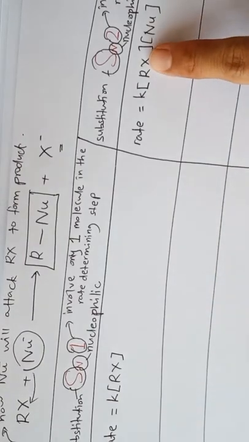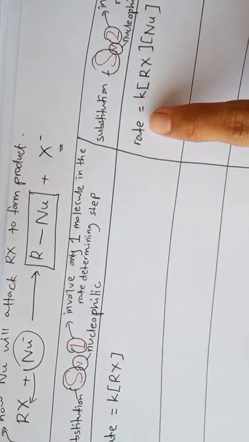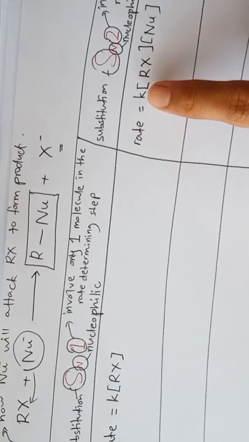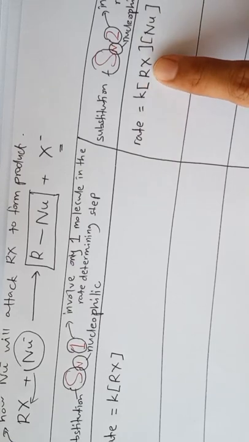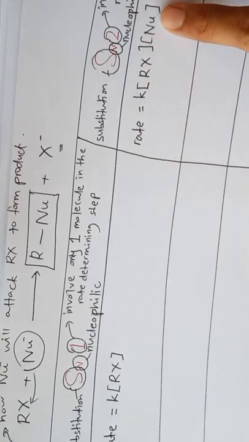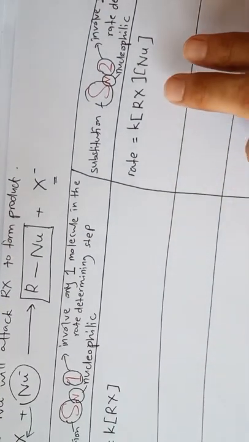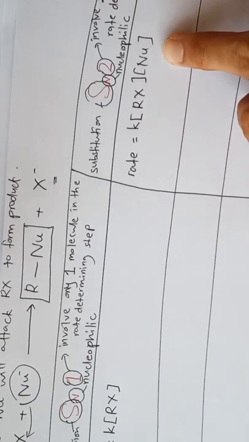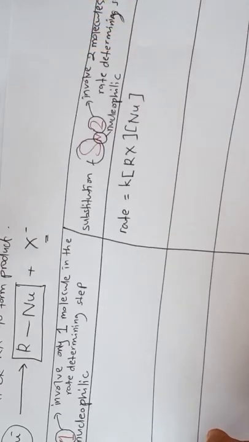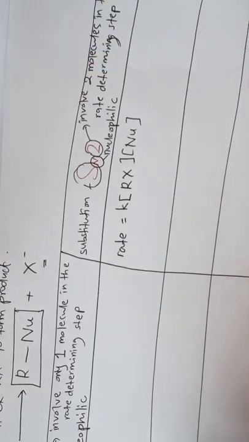It is like this. For the SN2 mechanism, the rate equals k times the concentration of haloalkane and the concentration of nucleophile. Meaning that in the SN2 mechanism, both the haloalkane and the nucleophile are involved in the rate determining step.